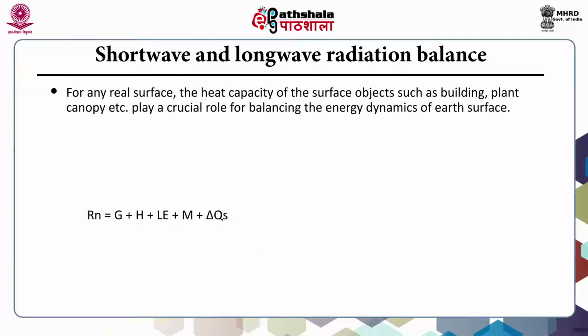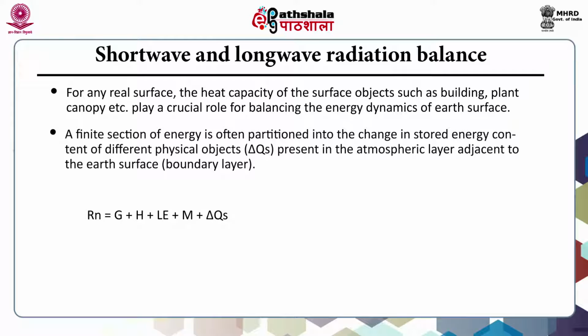For any real surface, the heat capacity of the surface objects such as buildings, plant canopy, etc. plays a crucial role in balancing the energy dynamics of the Earth's surface. A finite fraction of energy is often partitioned into the change in stored energy content of different physical objects, that is delta Qs, present in the atmospheric layer adjacent to the Earth's surface, which is near the boundary layer.